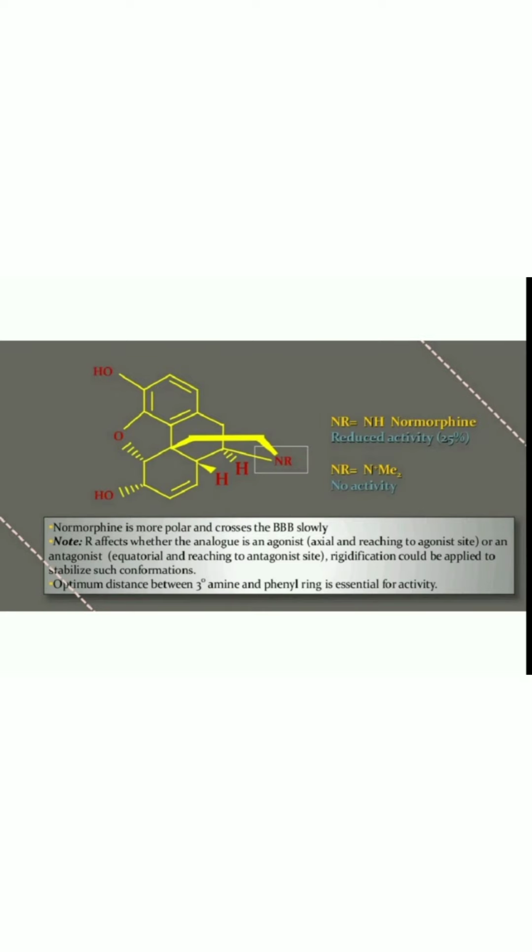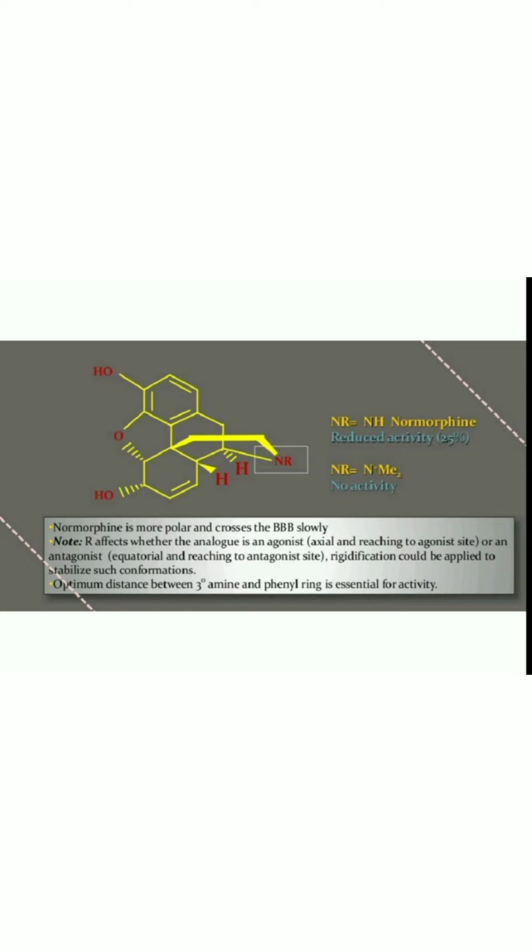The third degree amine is very essential to binding. If we convert it to any other group, the activity reduces. If we convert the NR to NH, it will be converted to normorphine with reduced activity or no activity. If we convert the NR to N-methyl 2, then no activity is shown.